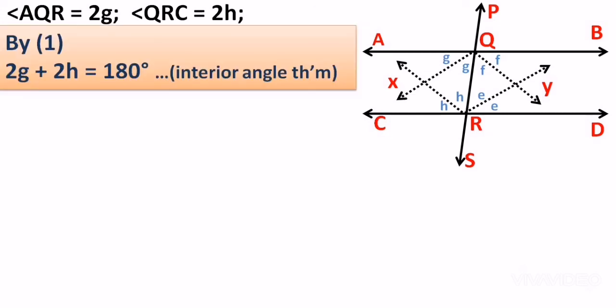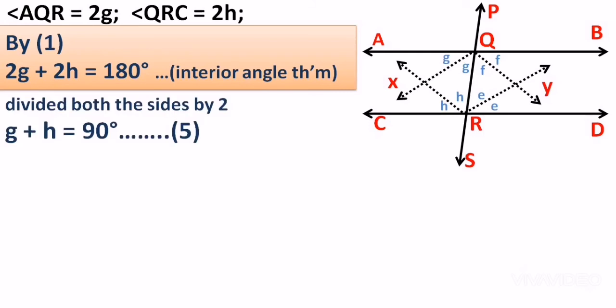And whenever you add interior angles, the total is always 180 degrees, provided that the transversal is intersecting parallel lines. So over here, as the parallel lines are given to me, I can say by the interior angle theorem, keep it in mind, 2G plus 2H equals 180, and when I divide all these numbers by 2, I get G plus H equals 90 degrees. Keep it in mind.